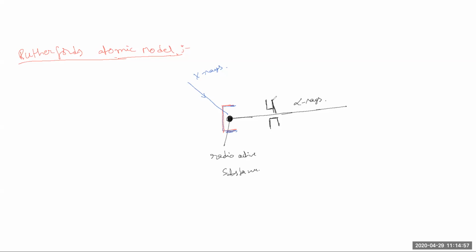The alpha particles emitted from the radioactive substance are all focused in a particular direction, onto one gold foil.